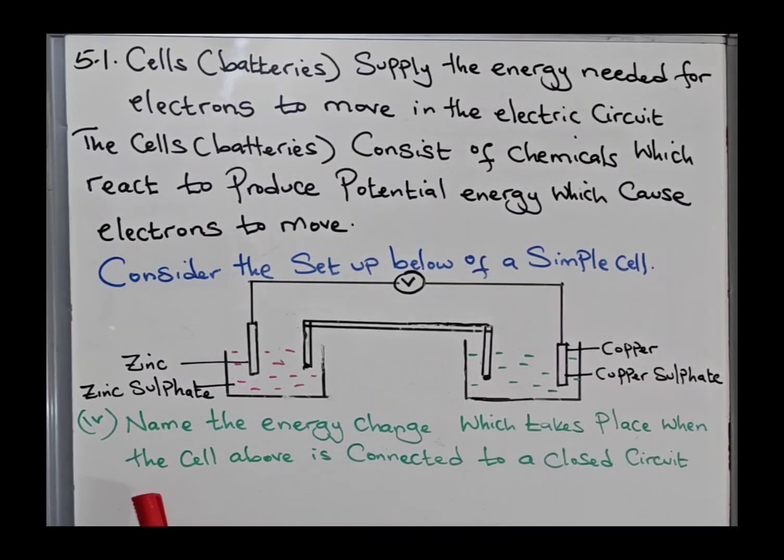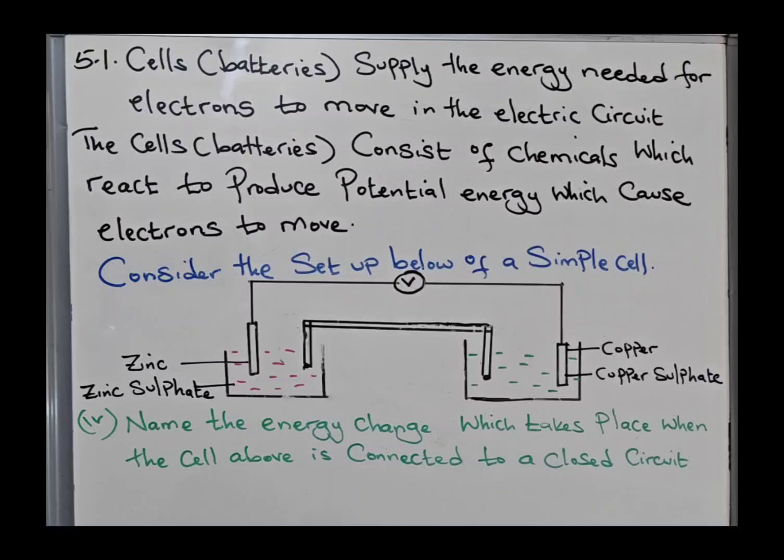So comes this one. It says, name the energy change which takes place when the cell above is connected to a closed circuit. Here the implication is, what energy change takes place when the cell is operating?